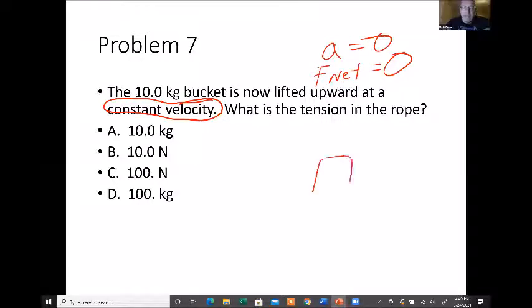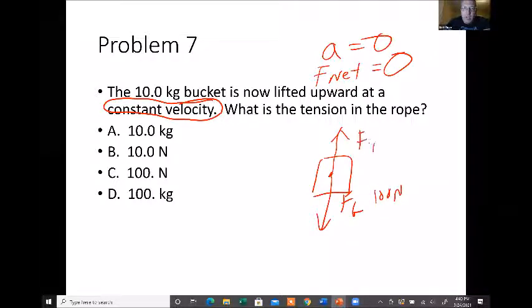Which means the free body diagram looks exactly the same in this problem as it did in the last one. We've got a force of gravity acting down. We know it's 100 newtons. We have a force of tension acting up. And we know that since there's no acceleration, that tension once again has to be 100 newtons. Remember, things can move without there being a net force.